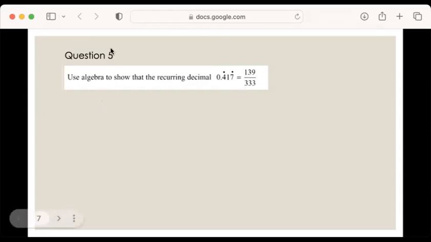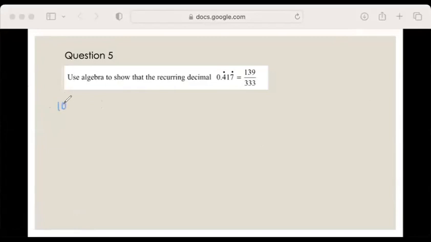Now since 3 numbers are recurring, we have to multiply this one actually by 1000. Multiply it by 1000 instead of 10 as we did earlier. Okay, so let's do it now. So first of all, 1x is equal to 0.417 recurring.